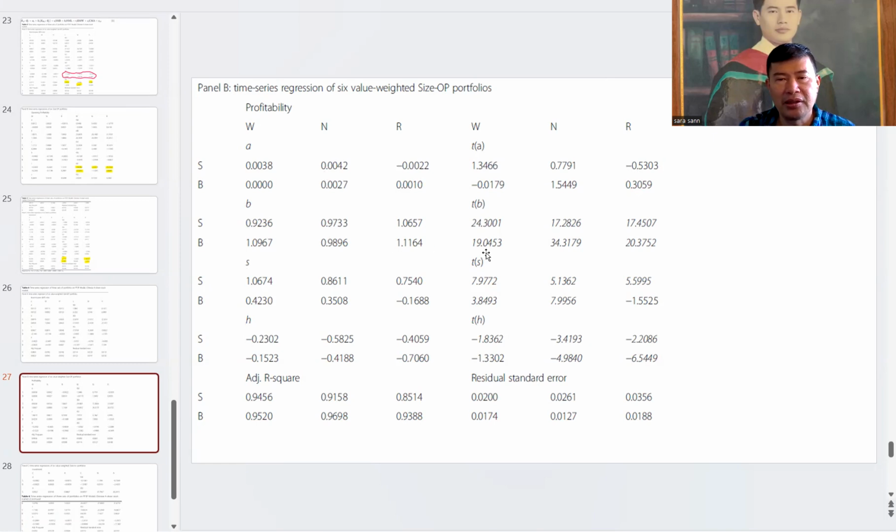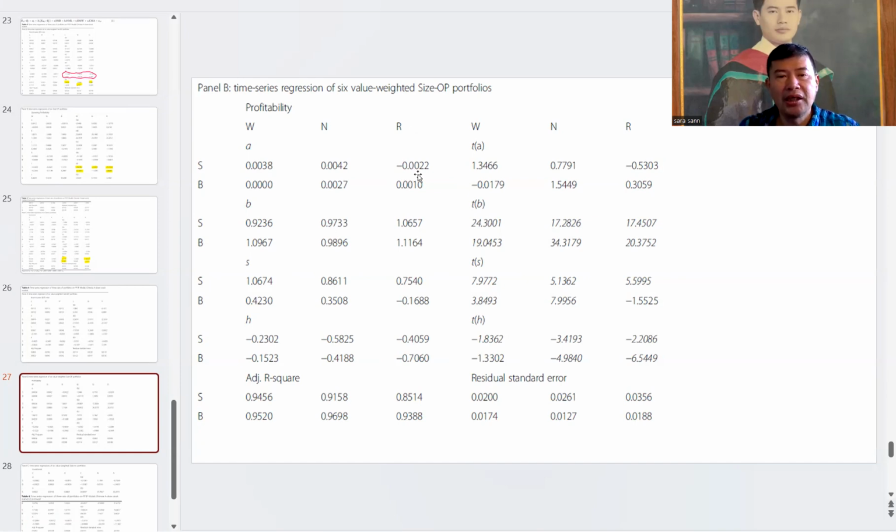What about the B? The right side are significant, and what are the results? You select all, the results are positive. Positive, which one is the best? The best one is 111.6 over here. Big size to robust, or to high return on equity.